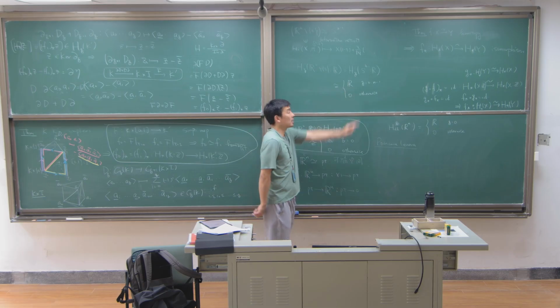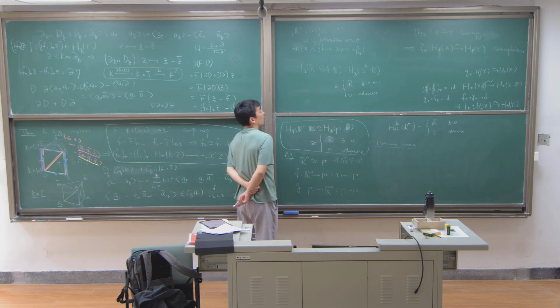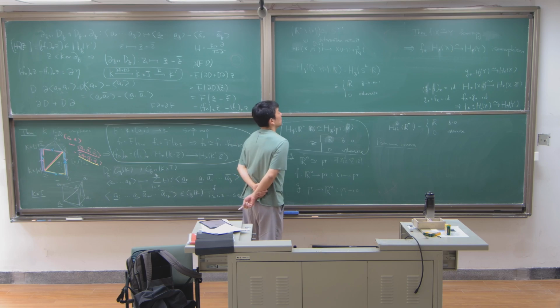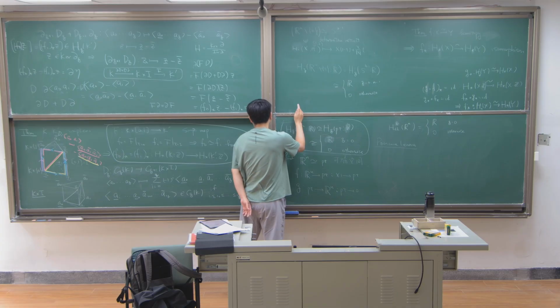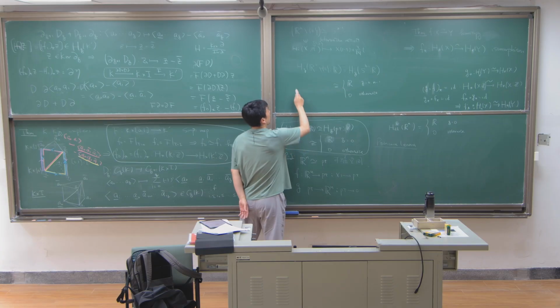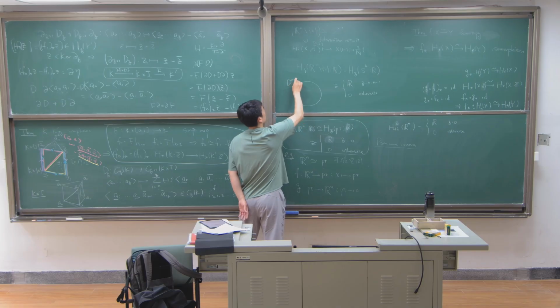For instance, Sn minus 1: you have R n minus 1, and there's a disk D n minus 1.